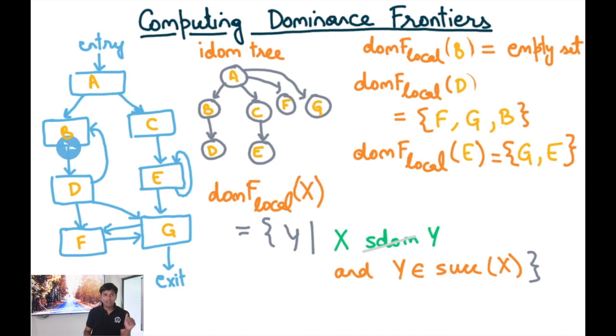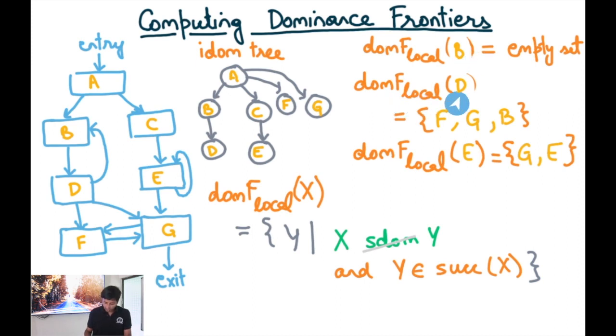Recall that the DOMF of B is actually made up of three nodes, which are B, F, and G. But when I say DOMF local, I'm only interested in the immediate successors, and there's only one candidate, which is D. D is strictly dominated by B, and hence it is not in the DOMF local of B.